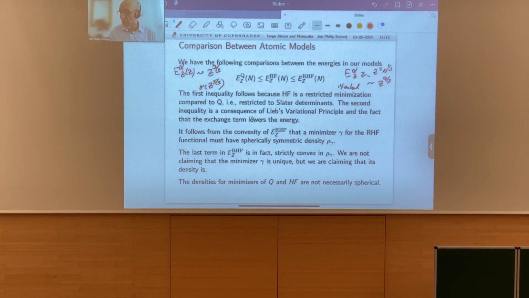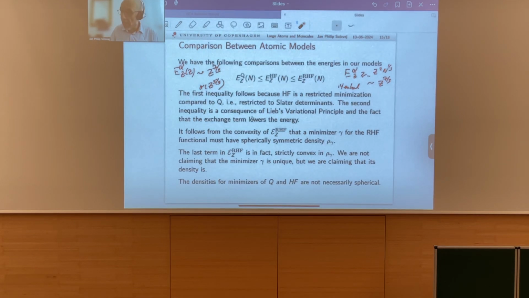However, this is not actually such a good approximation, because chemistry happens when you want to try to remove one electron. And the ionization energy, for instance, the one you get by taking a difference between Z and Z minus 1 electrons, is for large Z presumably of order 1. And I will prove in these two models that it is of order 1.